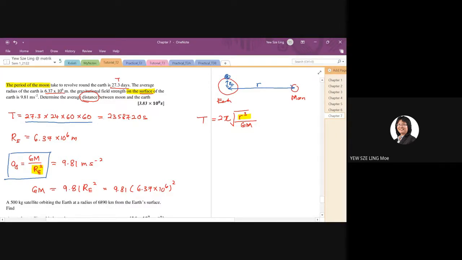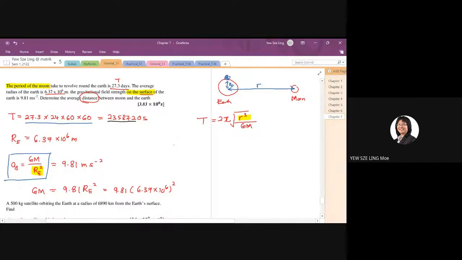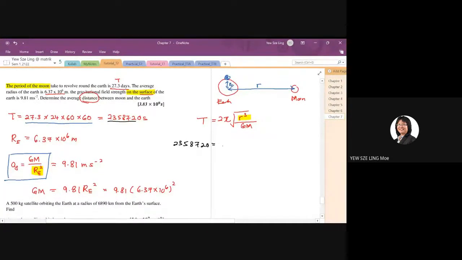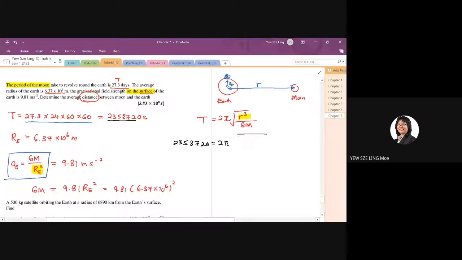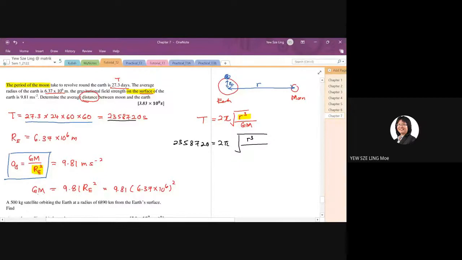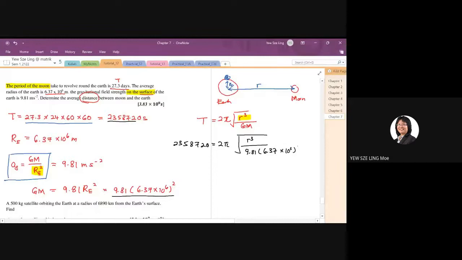So T, I have this value. 2358720 equals 2 pi square root of R cubed over GM, where GM is now this value, 9.81 times 6.37 times 10 to the power of 6, squared.